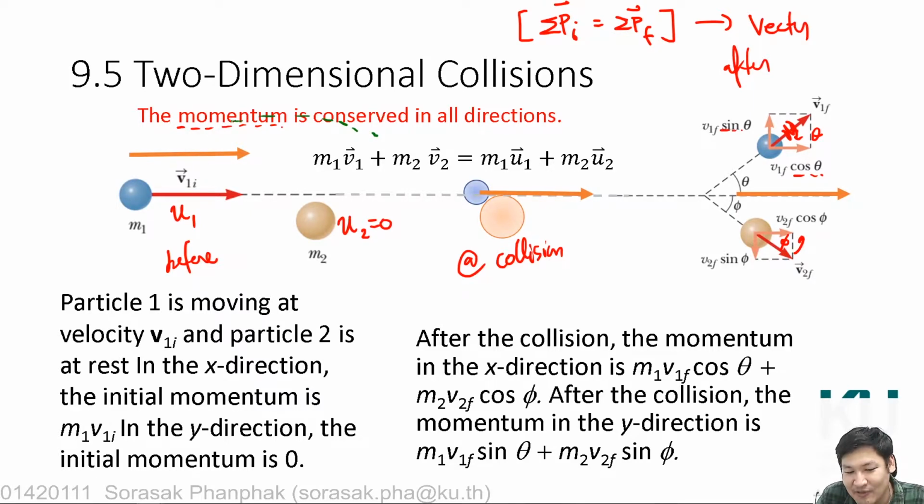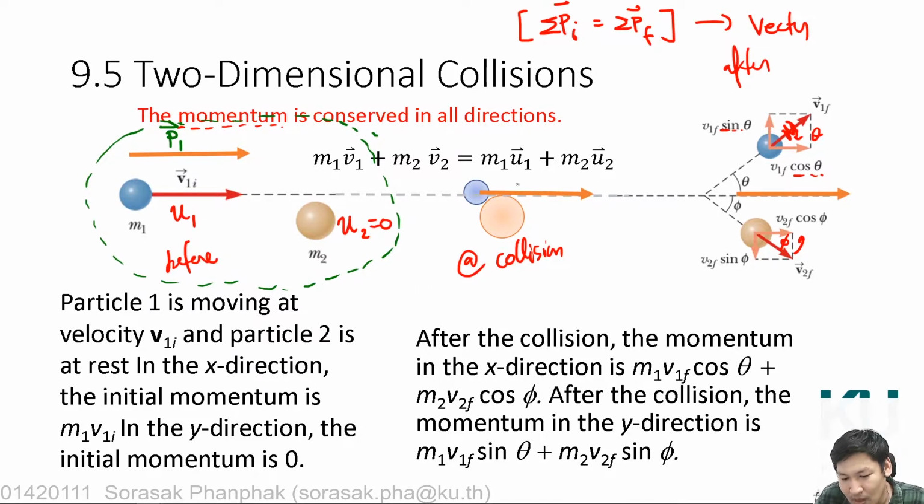I would like to emphasize the key point again about the conservation of momentum. For the initial momentum, you have the orange arrow to represent the initial P as a vector.